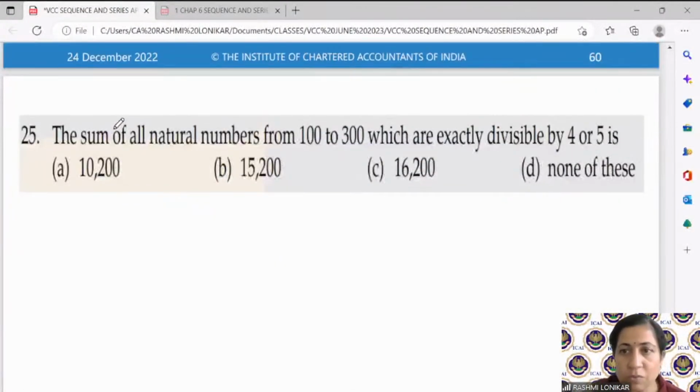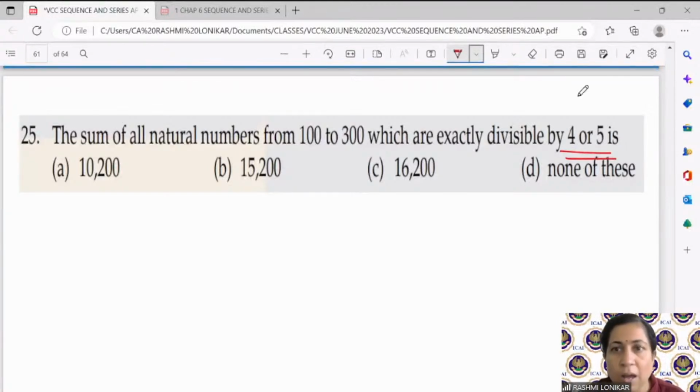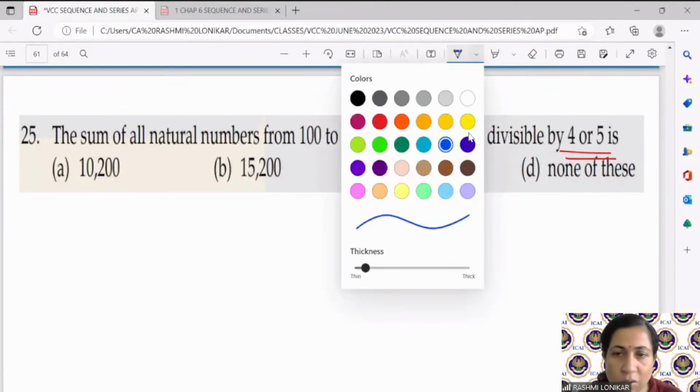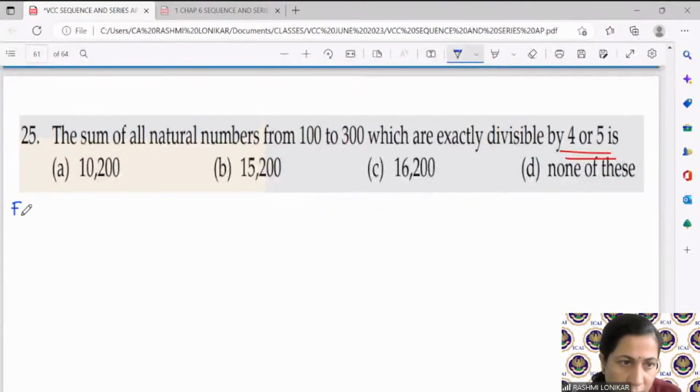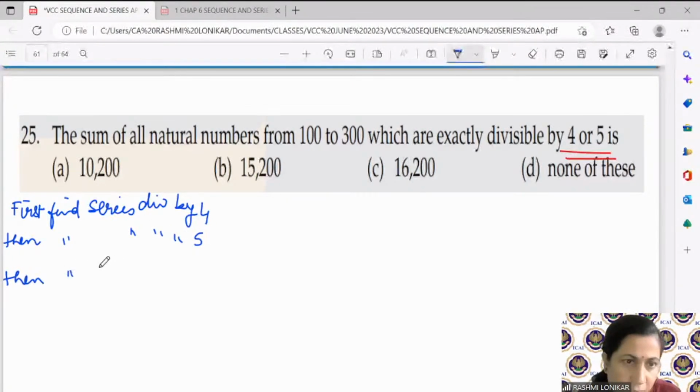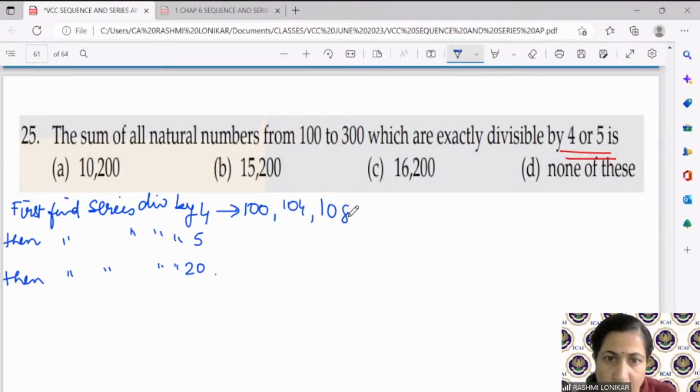Now here what happens when it is OR, I will suggest that you first find the series divisible by 4, then find the series divisible by 5, then find the series divisible by 20. What is the series divisible by 4? 100, 104, 108, up to how much? Is 300 divisible by 4?